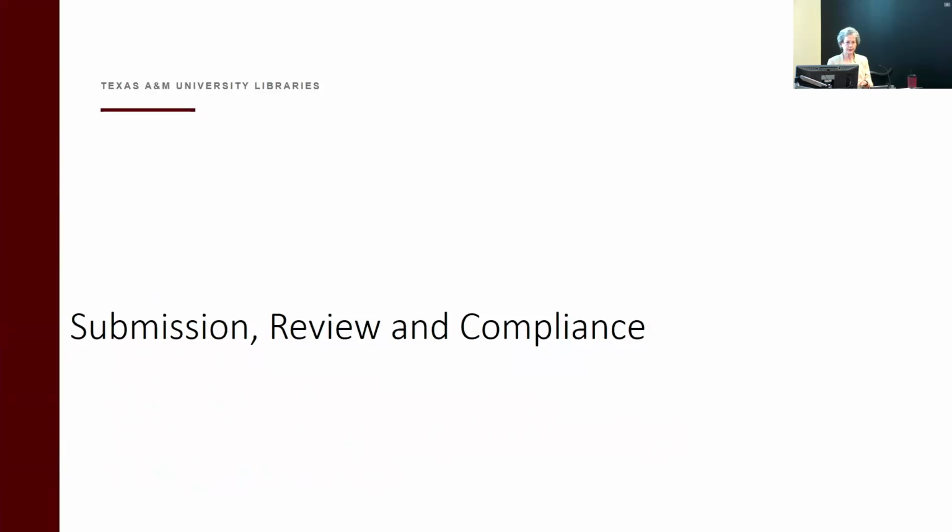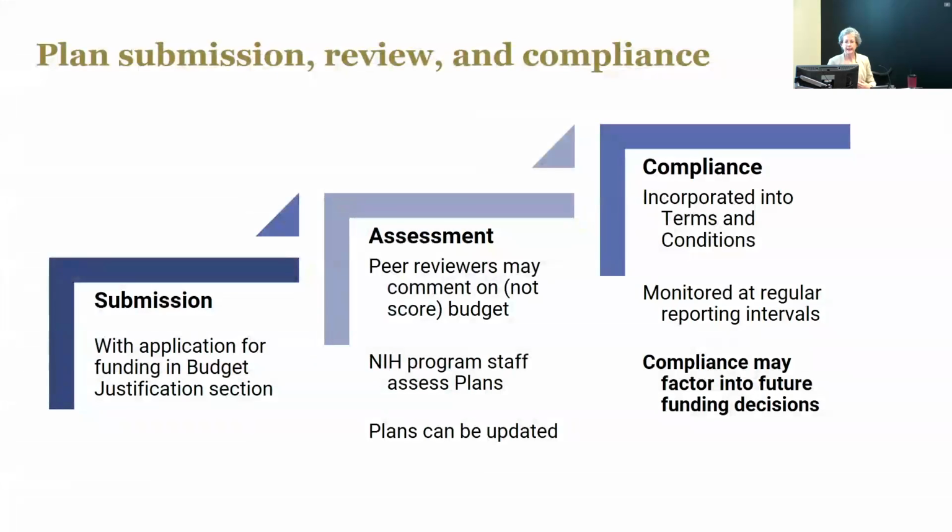Okay, so we've created our plan. We're all ready to go. And now we want to submit this thing. It's submitted with the application in that budget justification section. Peer reviewers don't see that plan. They see the budget and they can comment on that budget line if they want to, but they don't see the details of the plan.